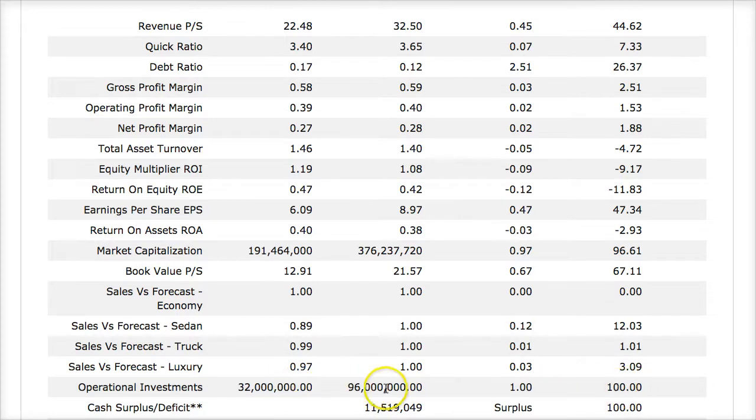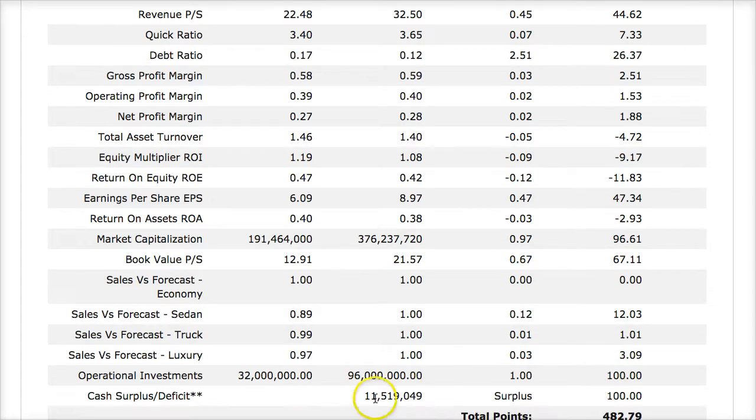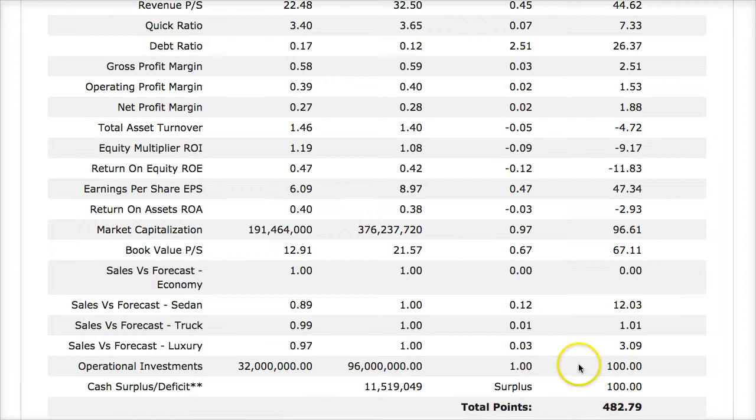As long as you increase it by 100%, I did it by more than 100%, but 100 points is the maximum I can get. And I had a cash surplus, so I got 100 points for that. So my total points was 482, which is fine, which is great actually, because if you're trying to get to 2,500 or 2,600 points, making about 400 or 500 points a round will easily get you there.